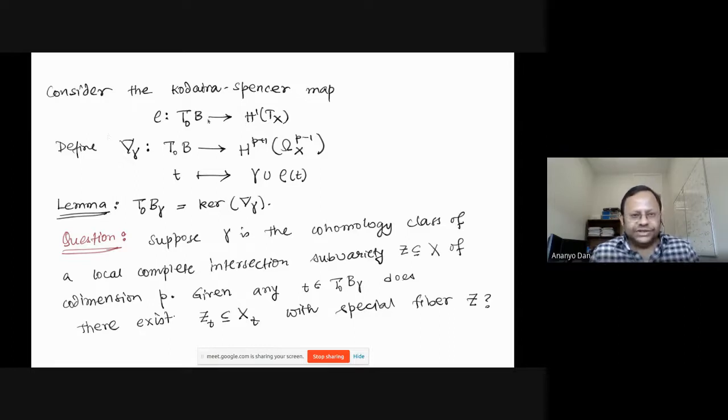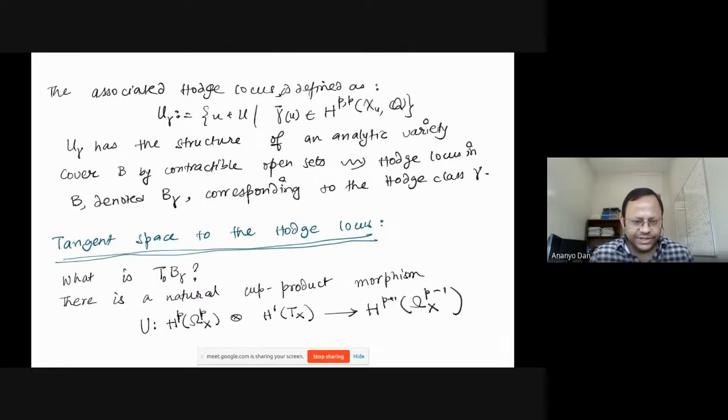And using this, you can define a differential operator going from the tangent space at the base point that we had chosen of B, going to H^(p+1)(Ω_X^(p-1)), given by the cup product, which takes a tangent vector on this base B to the cup product with this (p,p) class. Gamma was the (p,p) class. You remember you had H^(p,p).